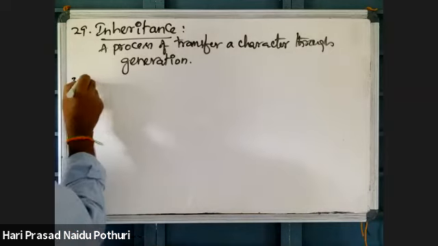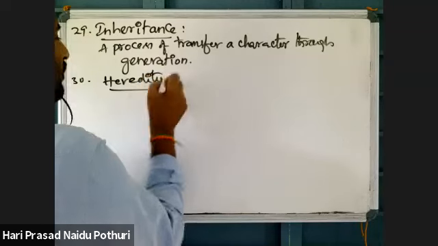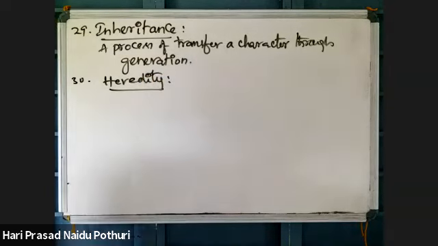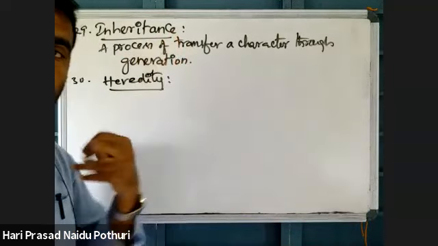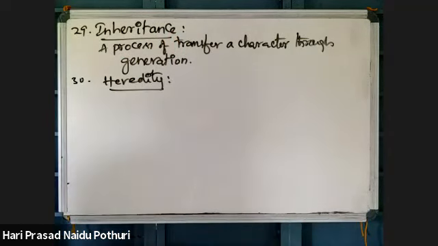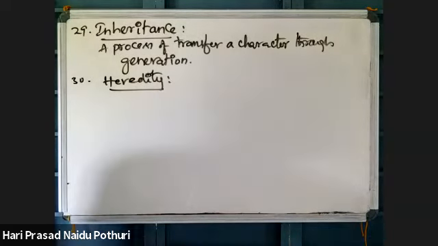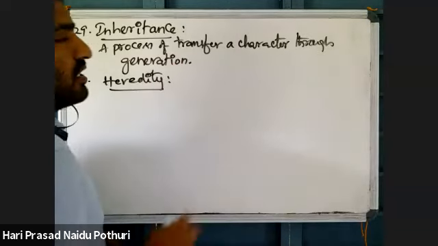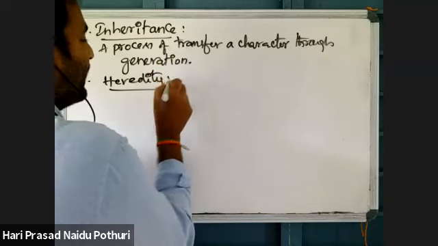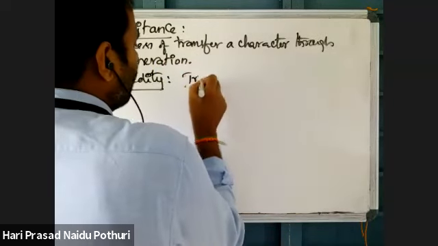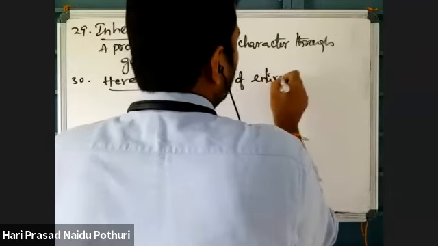Then heredity. If one character, like height or seed color, or in humans skin color or height, or any other character, one character or one gene is transferred from parent to progeny, then it is called as inheritance. Heredity means a process of transfer of the entire genome.